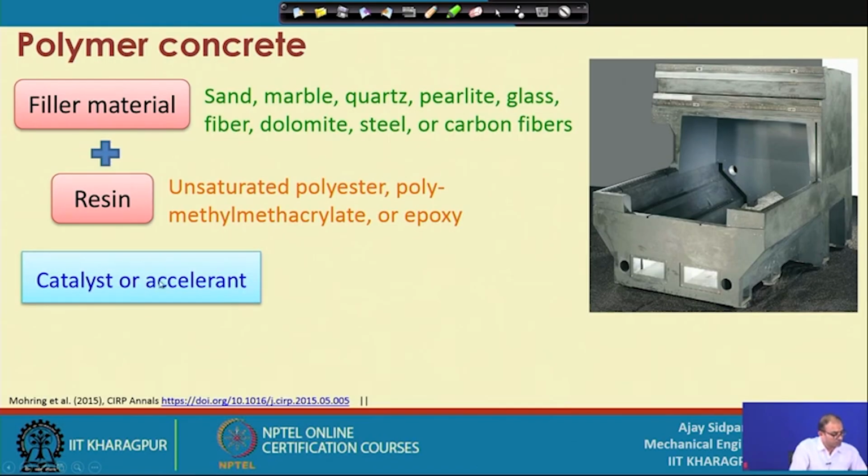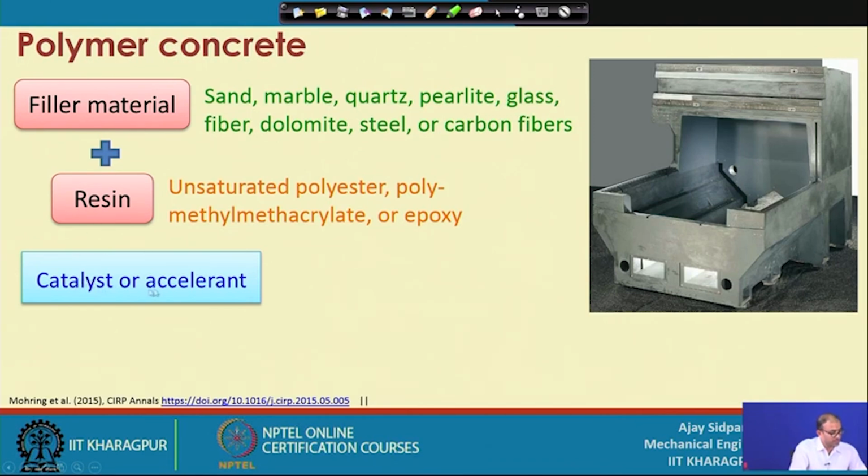So, what is the role of this catalyst accelerant? They will keep the property of these particular materials intact. So, this thing will not change when you are actually processing those things, and it will also avoid the effect of the external parameters, temperature or maybe the humidity or other things. It will not create any problem.